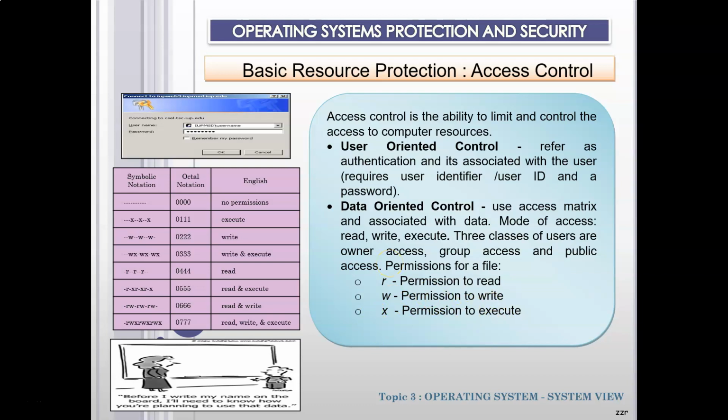And then for each file or folder, we can give access based on the nature of the file. If the file is highly confidential, or only certain people can access the file or folder, then you need to give limited access to the file, or you can put no permission at all.